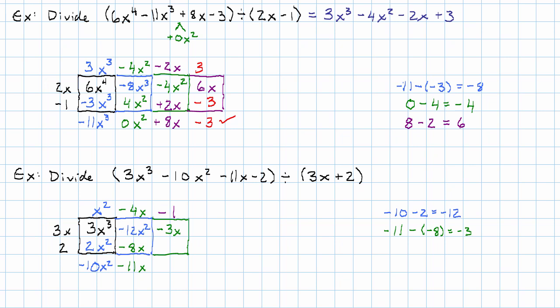Well, this must be a negative 1. Negative 1 times 2 is negative 2. We wanted a negative 2 for our constant term, so that works out. Our division then gives us what we read across the top: x squared minus 4x minus 1.